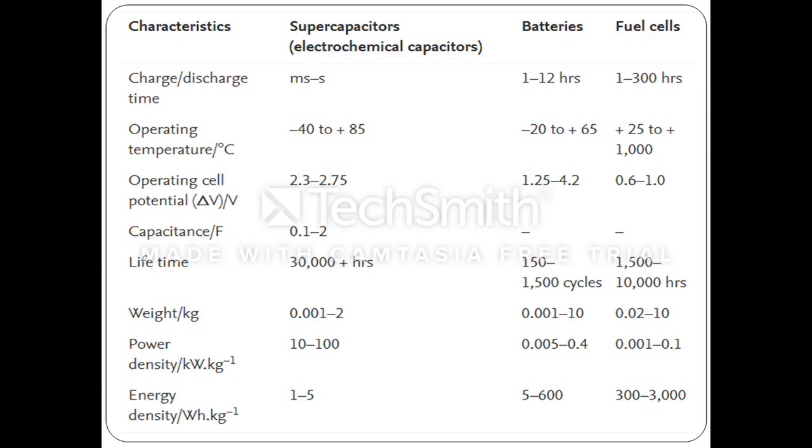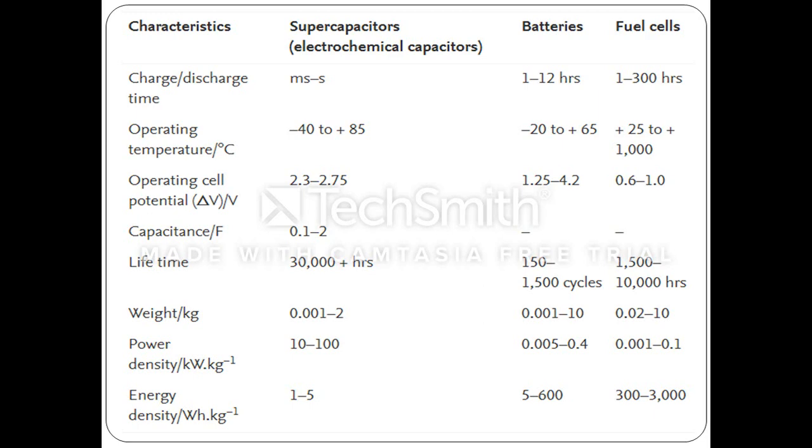Then lifetime for supercapacitor it is 30,000 plus hours, for batteries 150 to 1500 cycles, and for fuel cell 1500 to 10,000 hours. Then weight per kilogram for supercapacitor 0.001 to 2, for batteries 0.001 to 10, and for fuel cell 0.002 to 10.